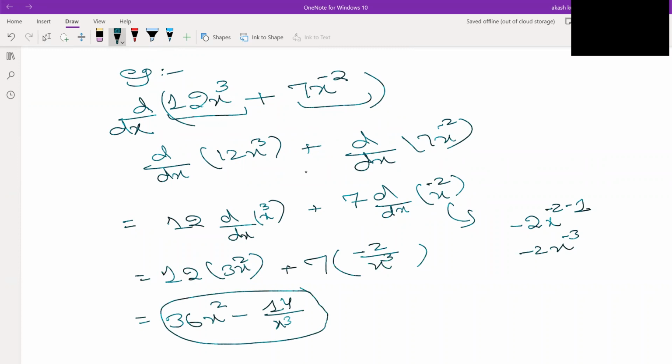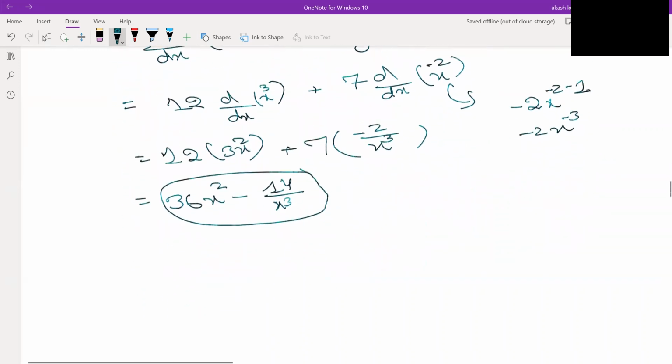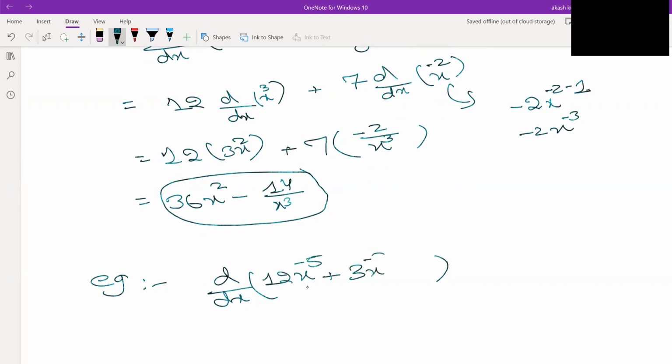Yes, clear. Okay, let's do one more example that you have to do. Tell me what should I write? Derivative of, there can be more than two functions, right? The rule will be the same. So let's do 12 x to the power of minus 5 plus 3x to the power of minus 2 plus 7x square.